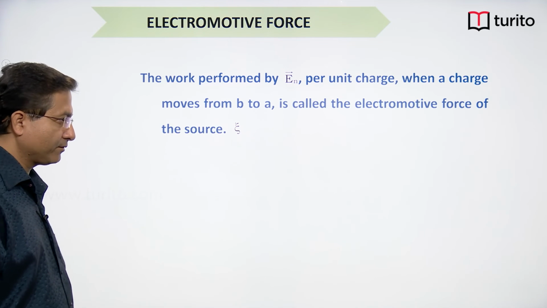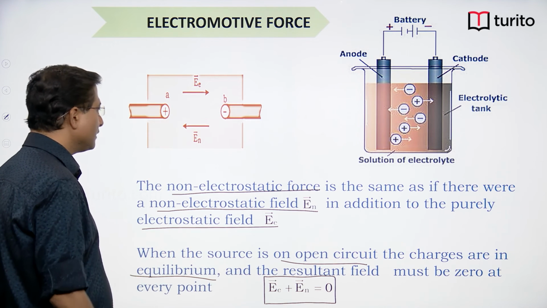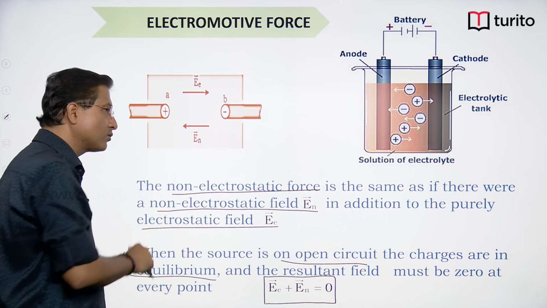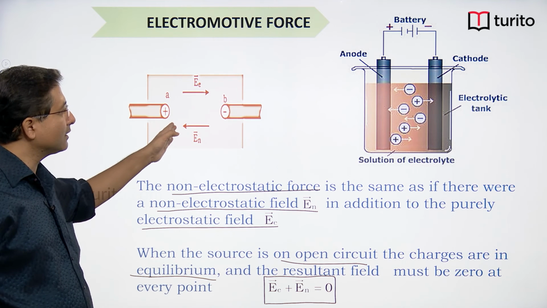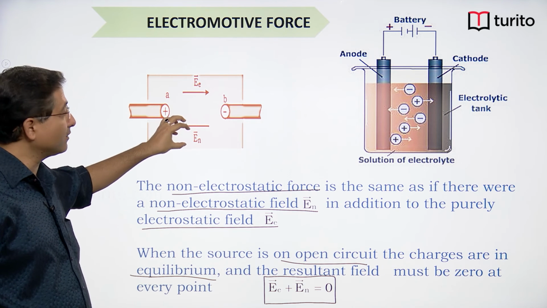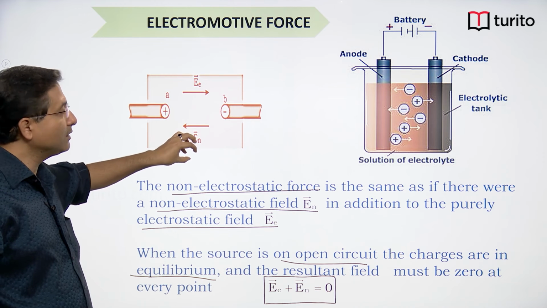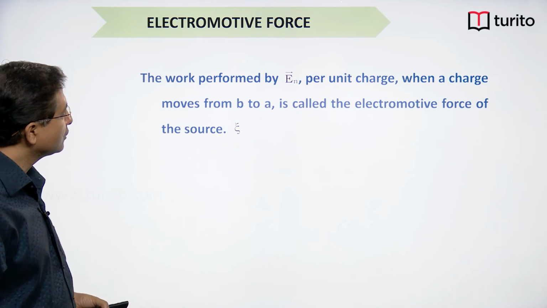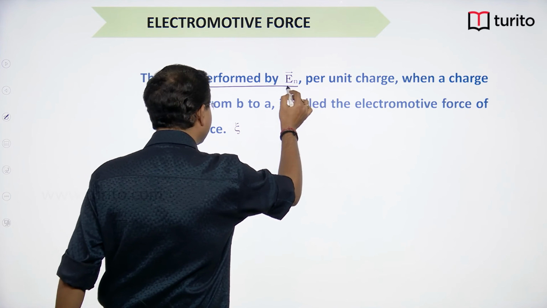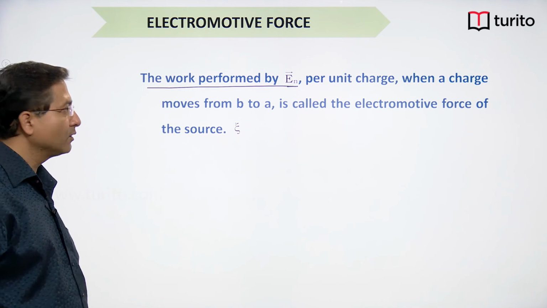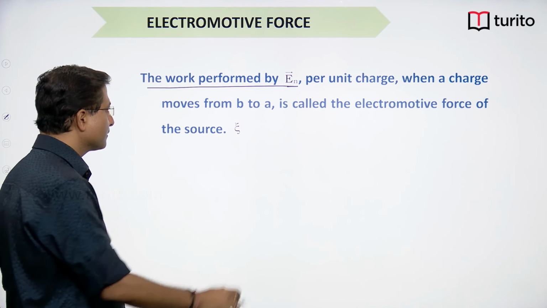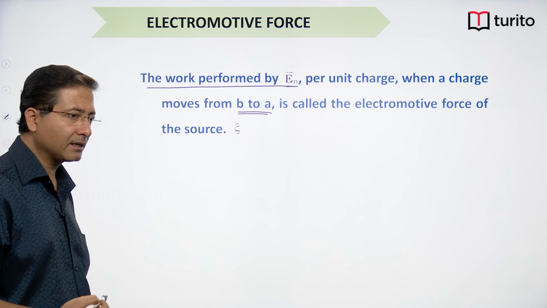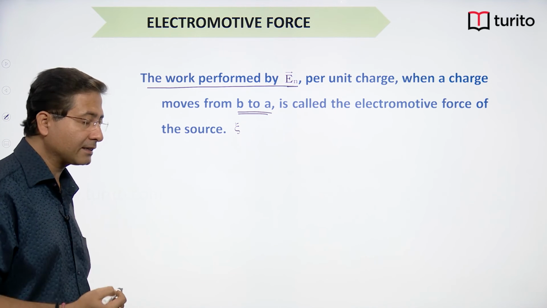How are we defining EMF? If you look at the previous one, to move an ion from one electrode to another electrode, how much this non-electrostatic field is working per unit charge of the ion is defined as EMF. Look at the definition. The work performed by the non-electrostatic field per unit charge when a charge moves from B to A, from one electrode to another electrode.